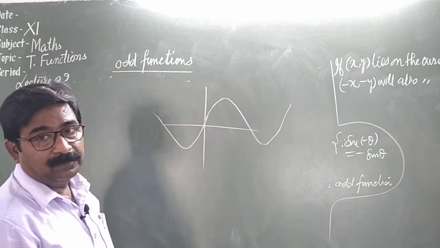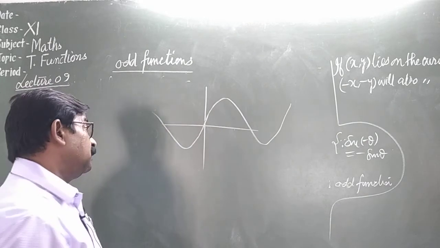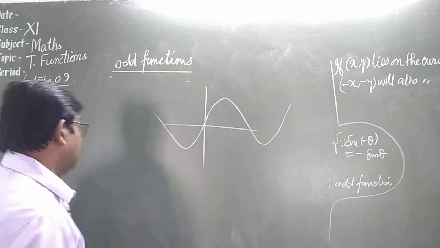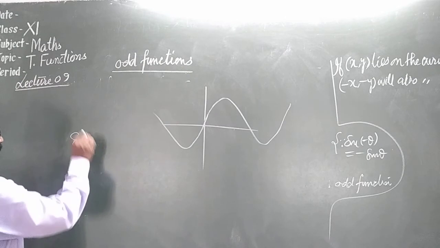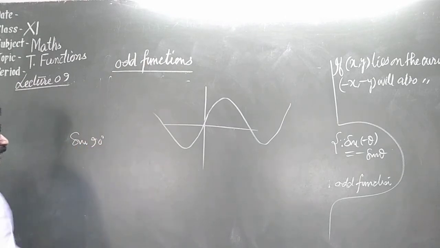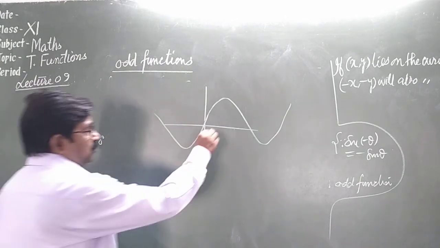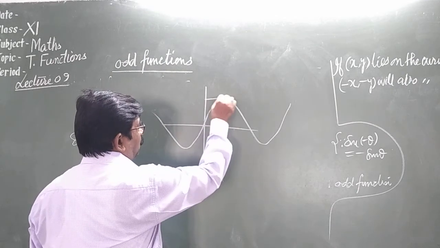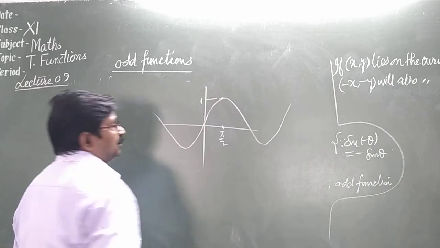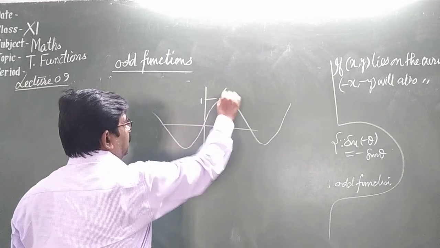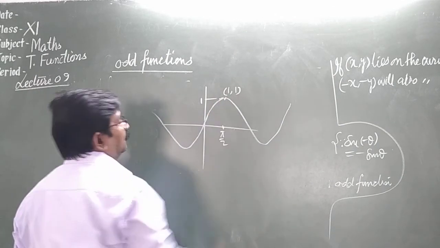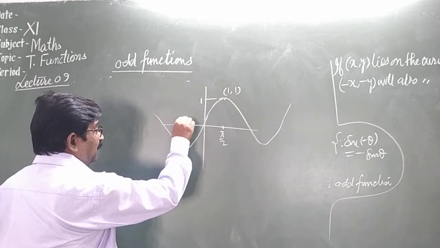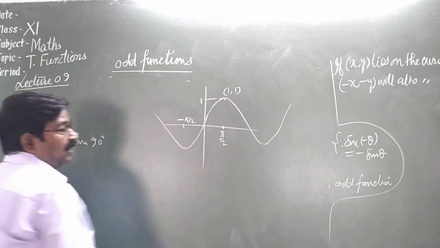This kind of graph. See, if we take for example sine 90 degree, suppose this is pi by 2 here, and its value is what? 1. So this point is suppose 1, and this is minus pi by 2 on the left side.